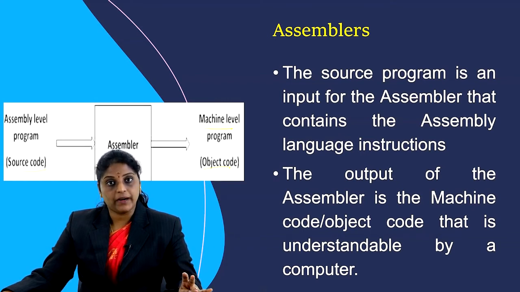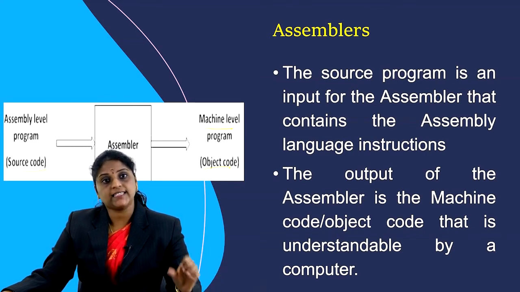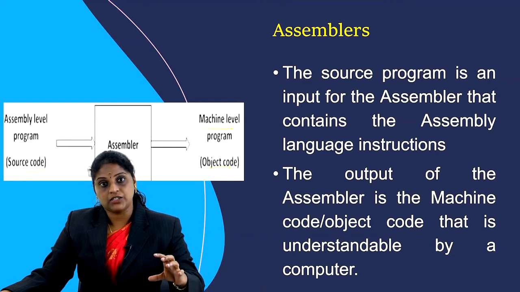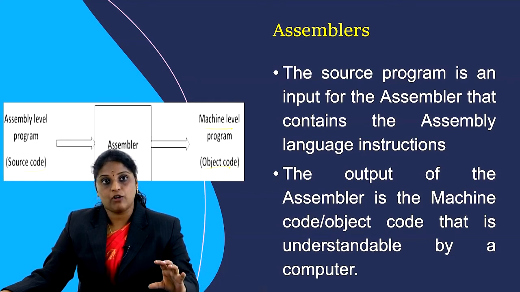compilers, interpreters and assemblers. Compilers and interpreters do the same thing. They take a high-level language program. A high-level language program is nothing but the program that we are writing, a C program, C++ program, Python program, or whatever program that is written in English, that is called a high-level language program.